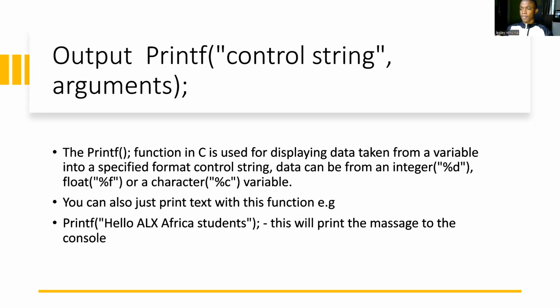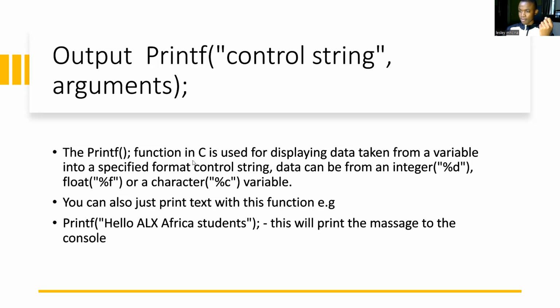But with print, it takes the data from an existing value inside a variable. So the value inside that variable is known, and then it puts it into the formatter, which is the control string, and then it displays it to the user.